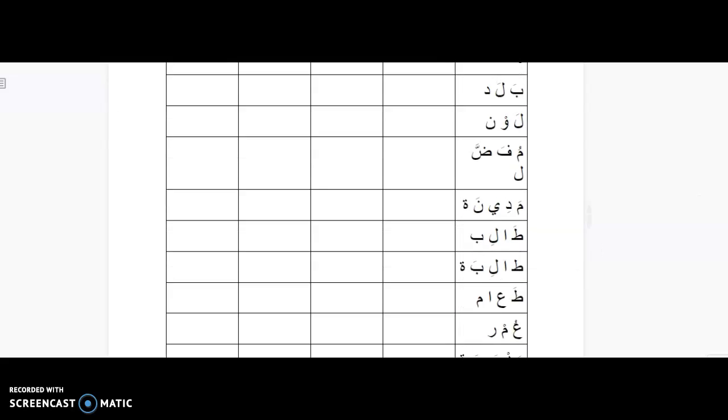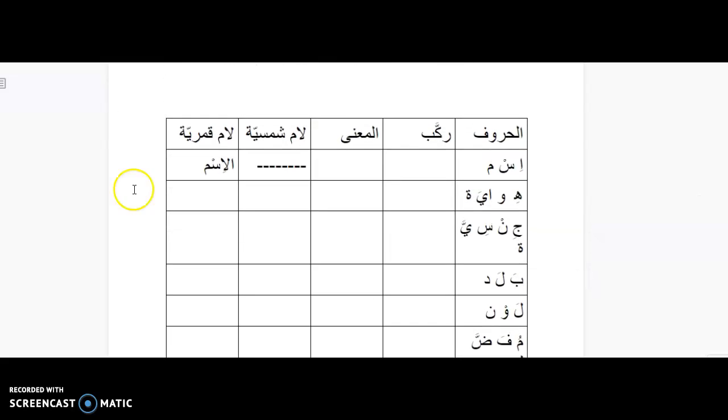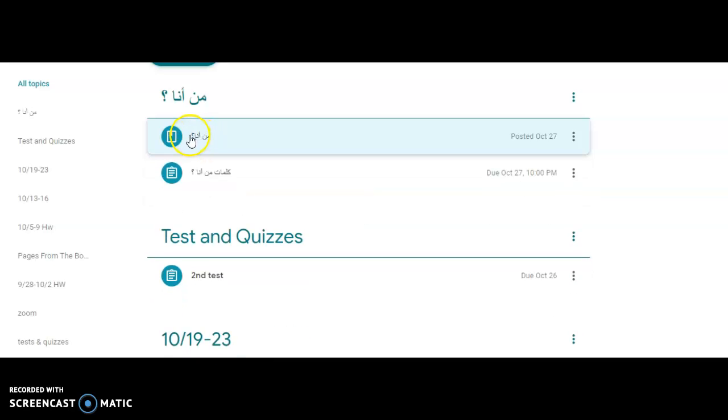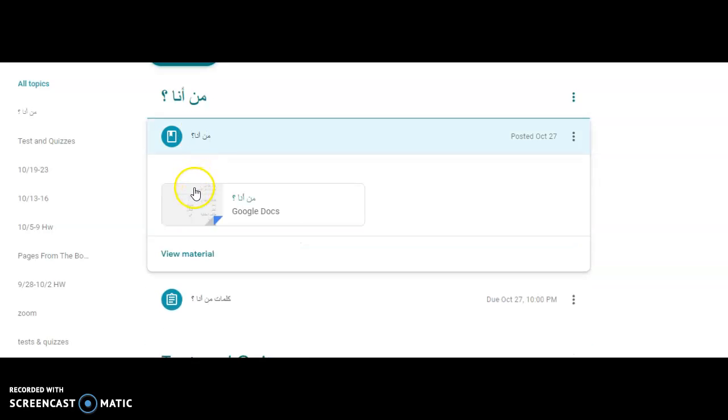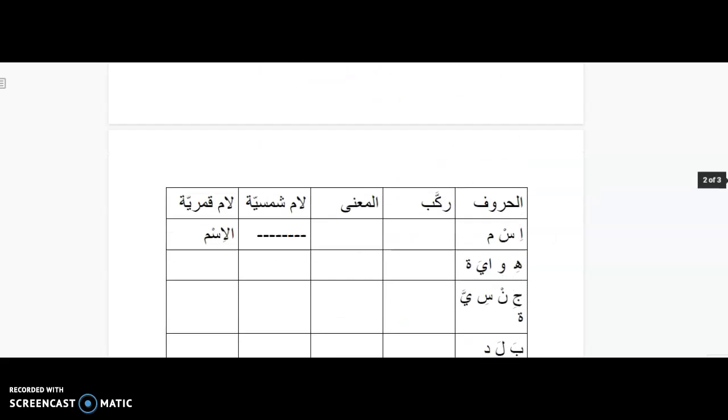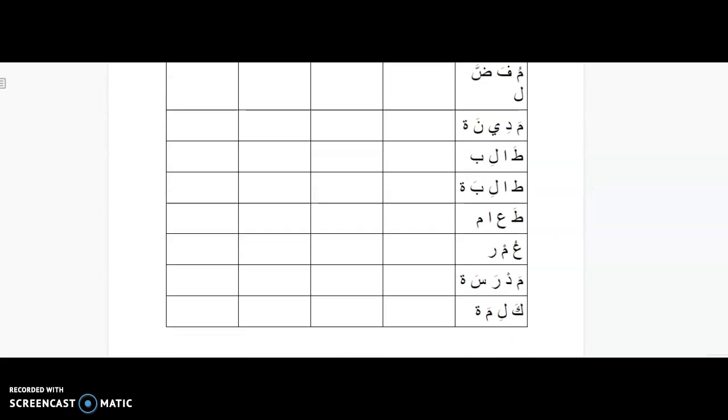You can just easily go on Google Classroom again, and you can stop the video and go to Google Classroom. Under classwork, you click on classwork, you go to the material Man Ana, and you'll find the chart here. You'll find everything you need here. You can just copy it.